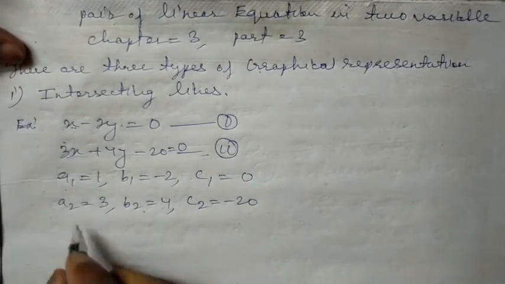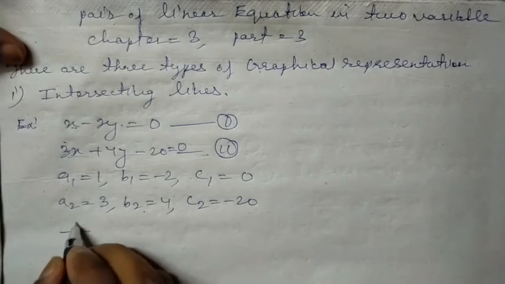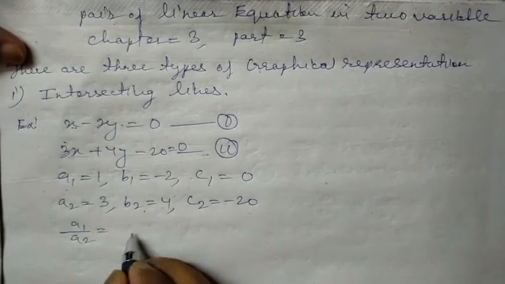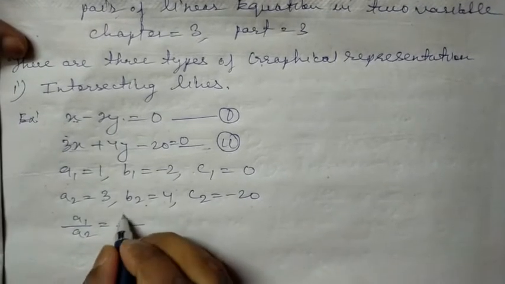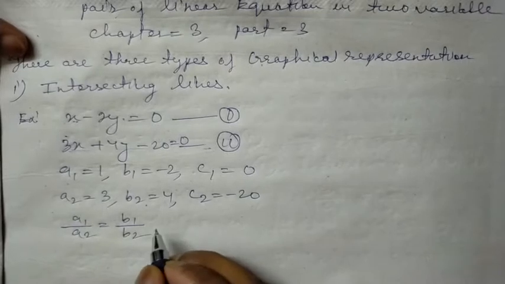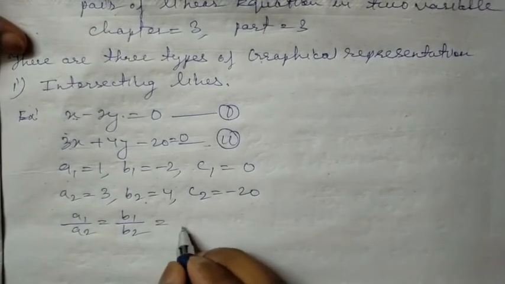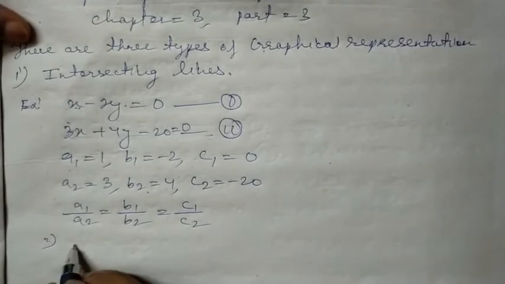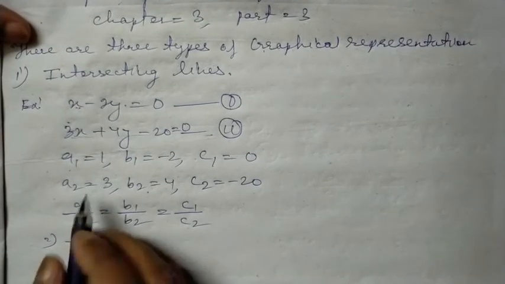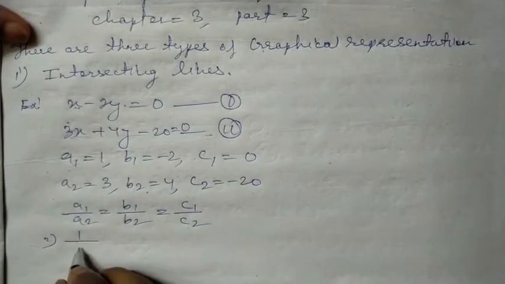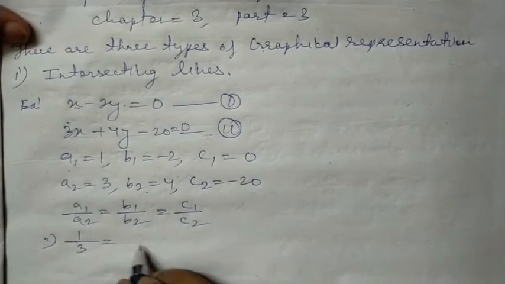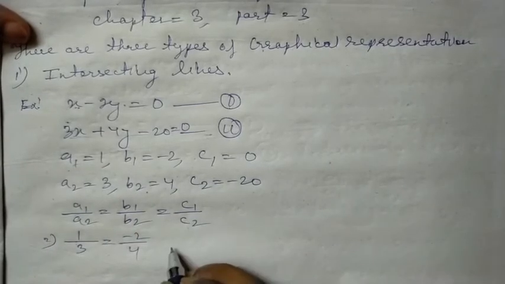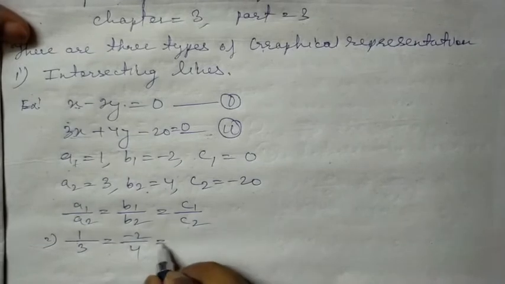So for these equations, see here, A1 upon A2 equal to B1 upon B2 equal to C1 upon C2. We know A1 is 1, A2 is 3, B1 is minus 2, and B2 is 4.